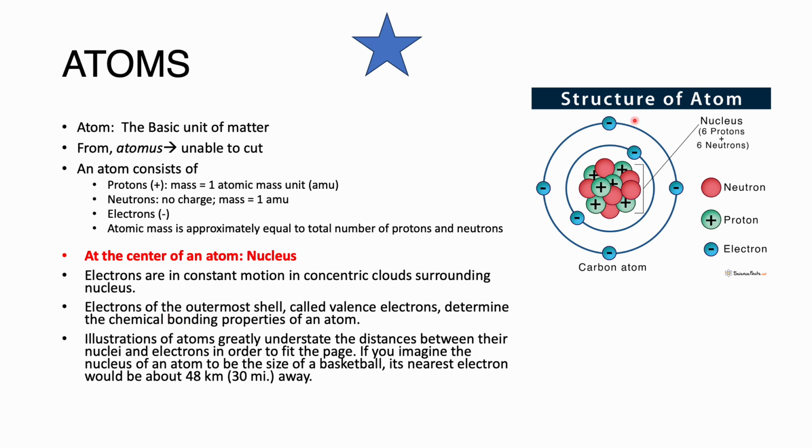The electrons of the outermost shell are called valence electrons, and those valence electrons determine the chemical bonding properties of an atom. In this illustration, the electrons are very close to the nucleus, but in reality, these distances can be very, very large.